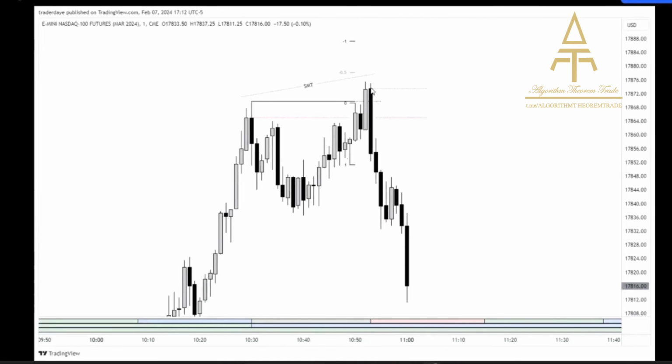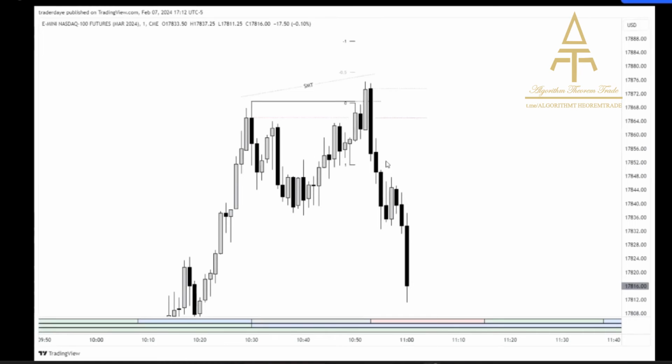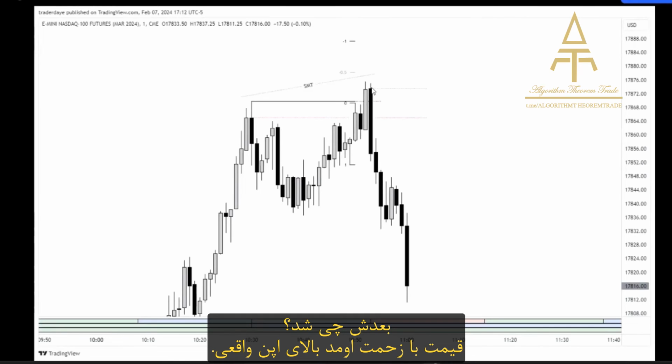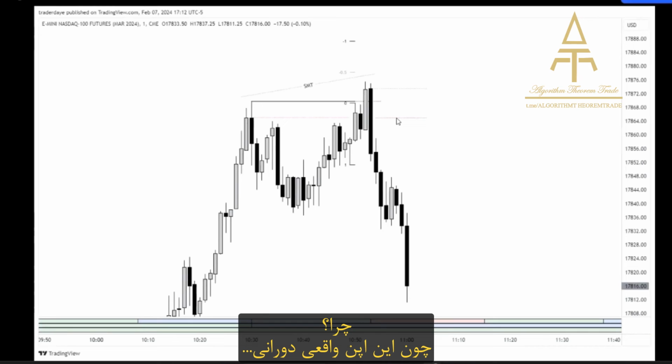This right here is the true open of this microcycle. Right? What happened? Price barely traded above it. Why? Because we're above this revolving true open. Why?